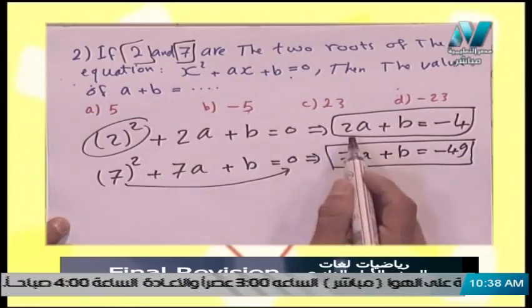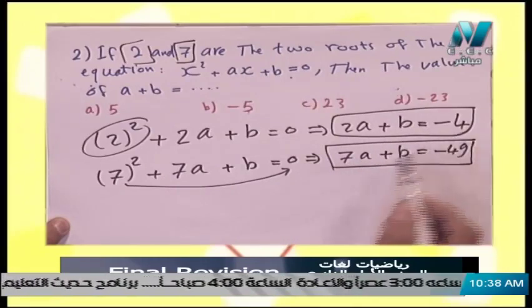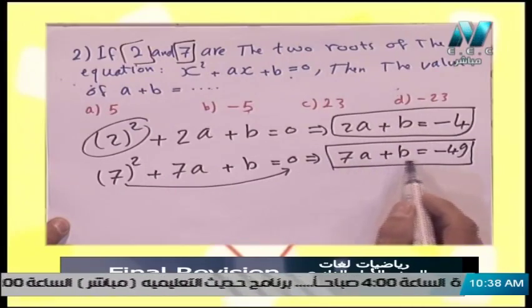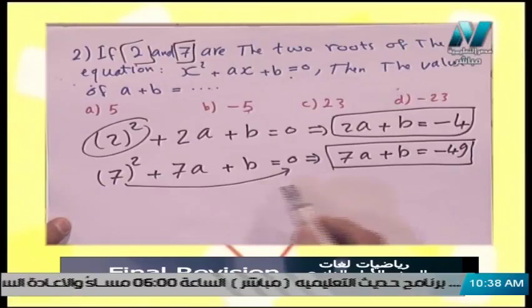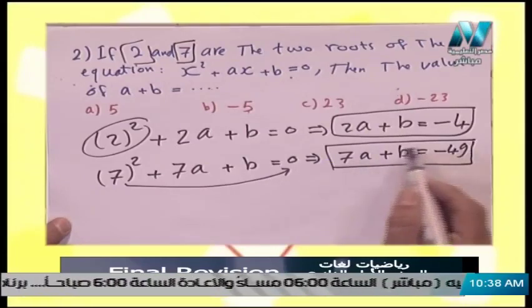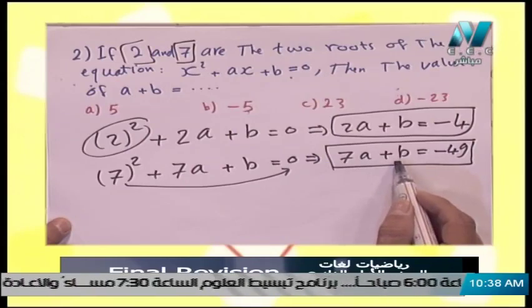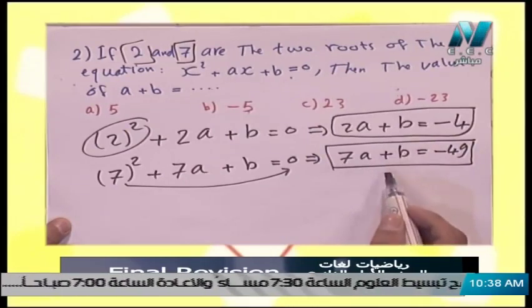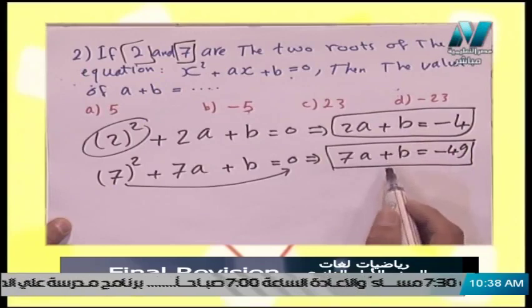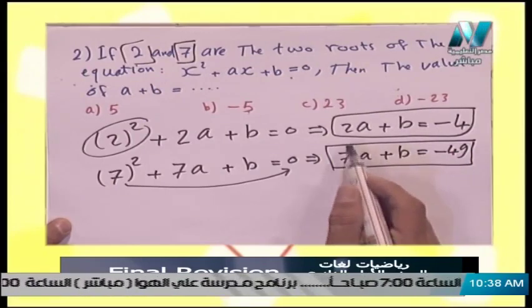Okay, we have here 2a plus b equal negative 4. We have 7a plus b equal negative 49. And if we multiply this equation by negative 1, then b will be negative b. And by adding, we can cancel the b and a remains.